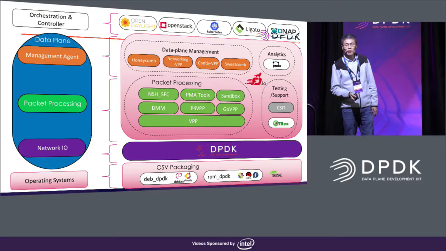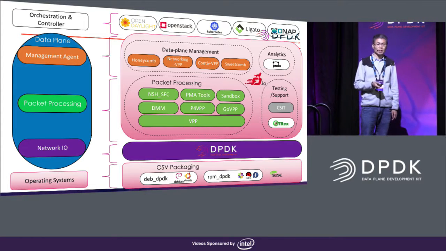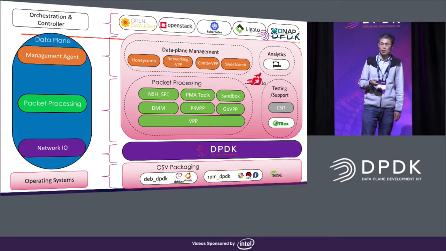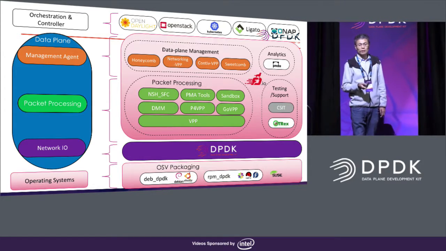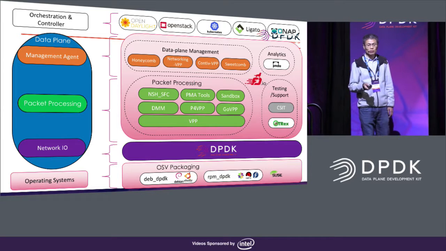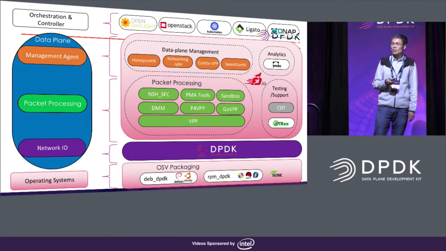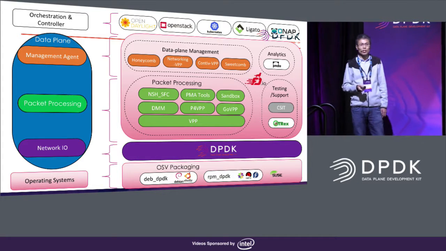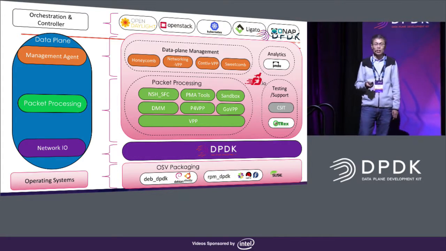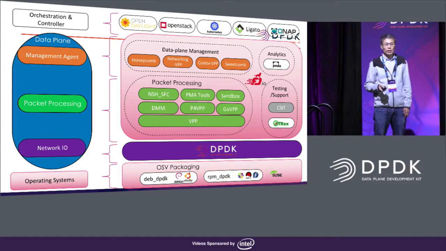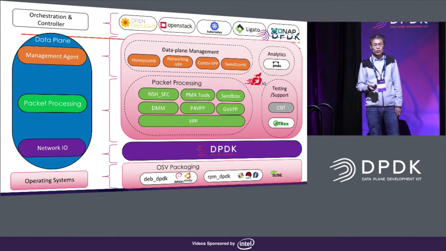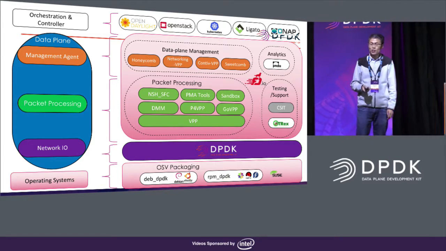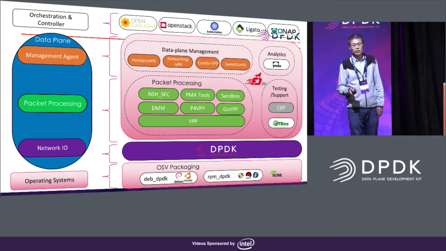P4VPP was initiated by Stanford University, which translates the P4 language to VPP. There is also Go VPP. VPP can provide APIs for different languages, such as C, C++, Python, Go, Lua, and Java, lots of languages.